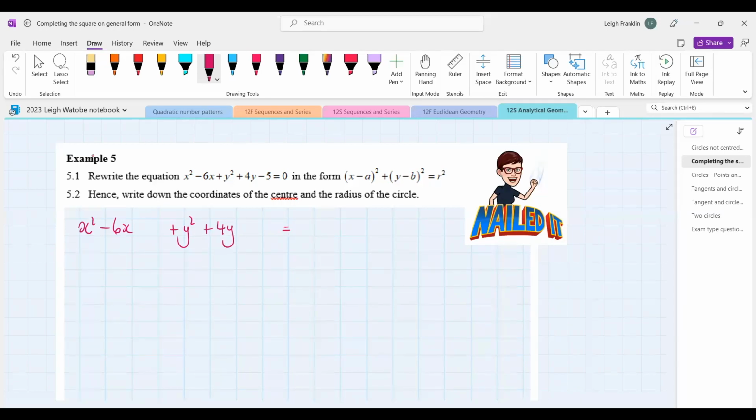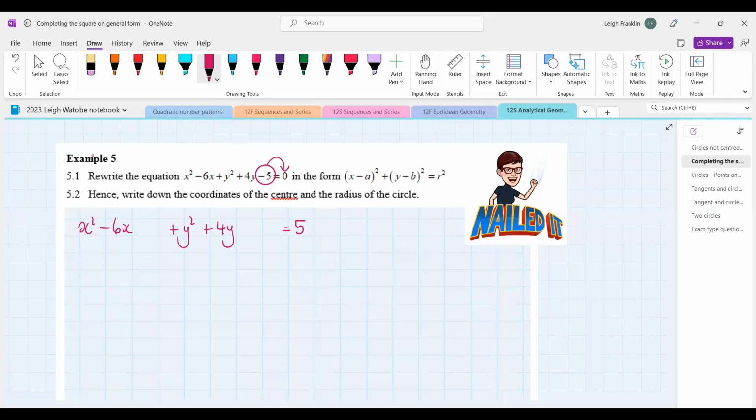Notice I'm leaving spaces between the 6x and the next term and the 4y and the equal sign. I'm going to take this minus 5 over to the other side.